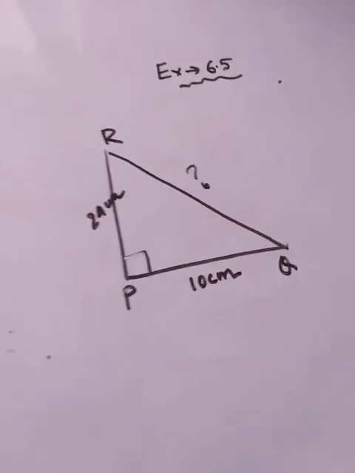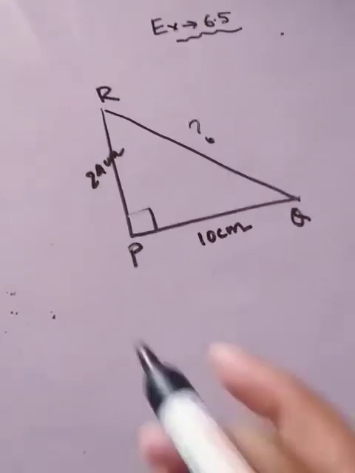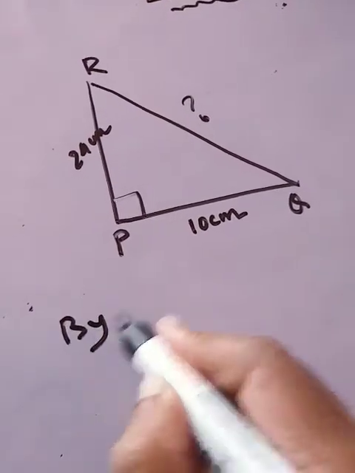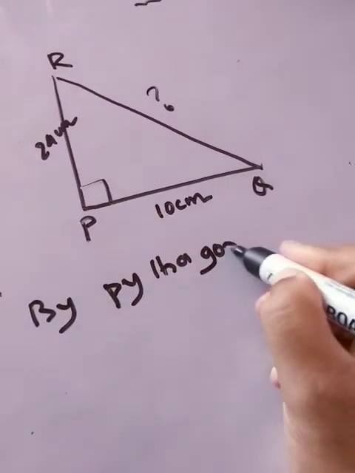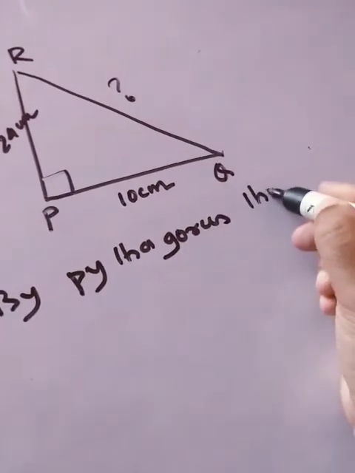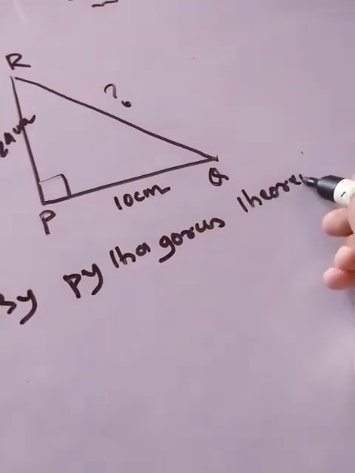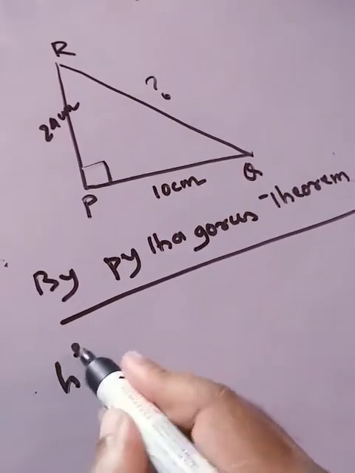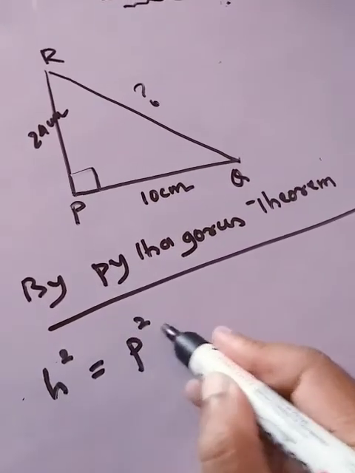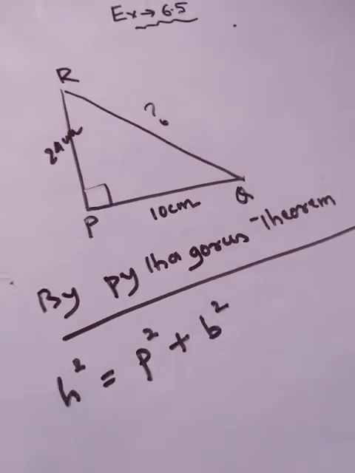We do not know this, so we'll use the Pythagoras theorem. By the Pythagoras theorem, h square equals p square plus b square.